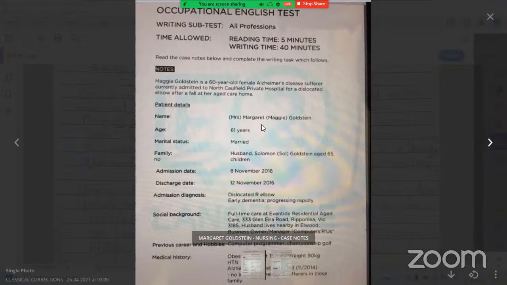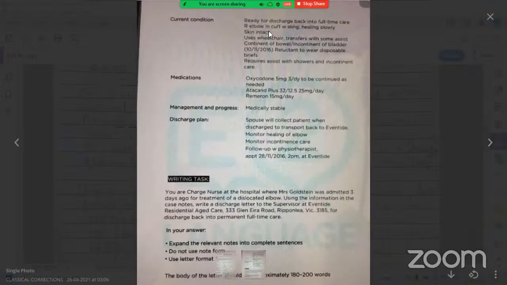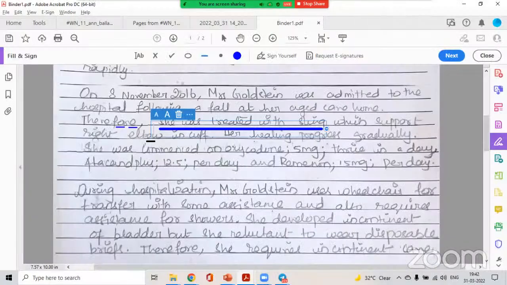Right elbow in cuff with sling. Healing slowly. Right, current condition. Right elbow in cuff with sling, to support the right elbow.